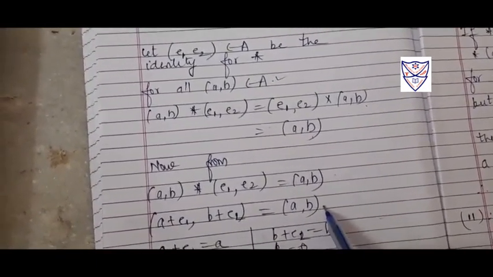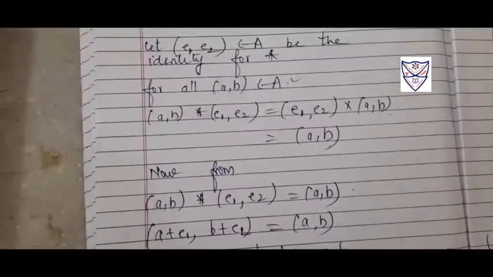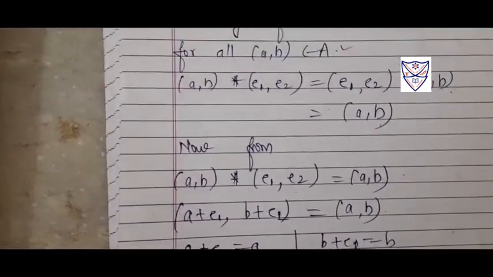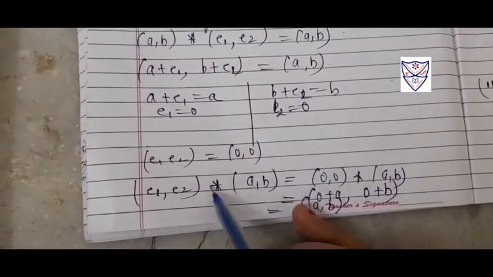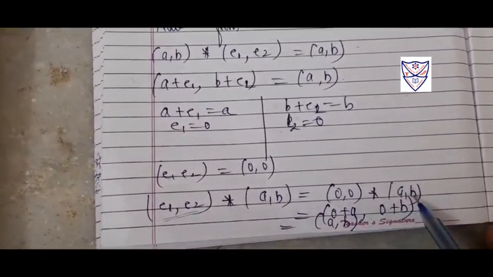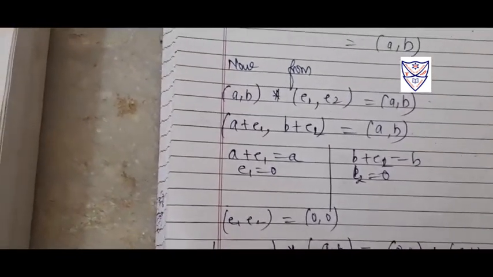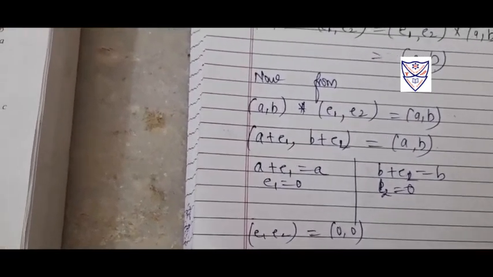So from here we get E1 is 0 and E2 is 0. That is (E1, E2) is the ordered pair (0, 0). So we'll place (E1, E2) binary with (a, b), here we are getting the value (0, 0) with (a, b), and we get (a, b). So from this we can conclude that (0, 0) is the identity for star.